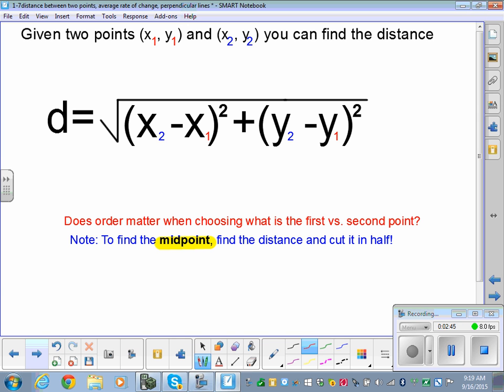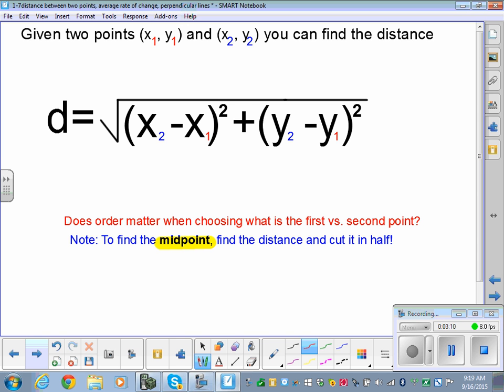If you choose this to be your first point, or if you choose this to be your first point, it doesn't matter, because the distance is the same. You just got to stay consistent. If you choose this to be the first point, make sure you label x and y both the first point. And then the other one would be your second point. So it doesn't matter as long as you stay consistent.